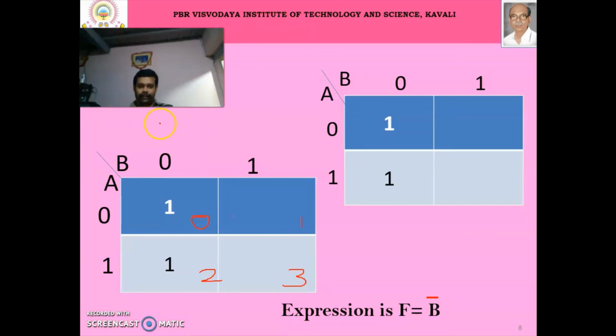If you have 1 in the places of 0 and 2, this is one possibility. In a K map, if you have two adjacent ones, you can group them. Grouping of two adjacent ones is called a pair.